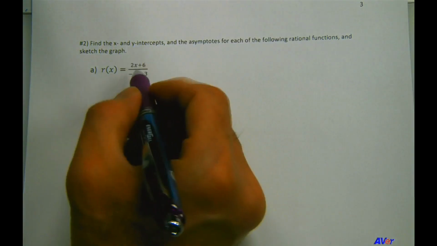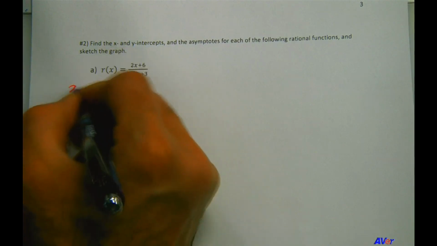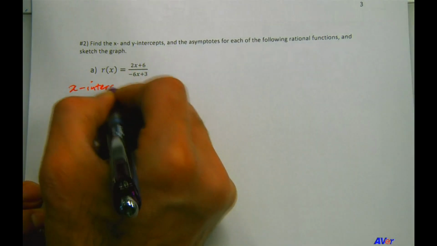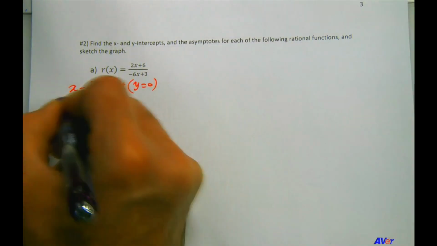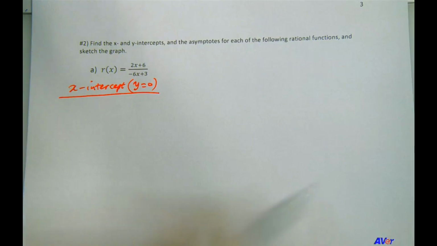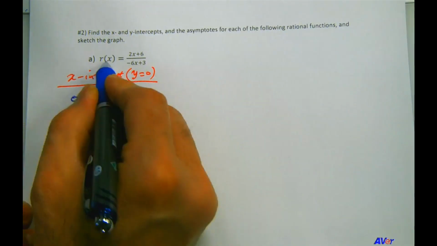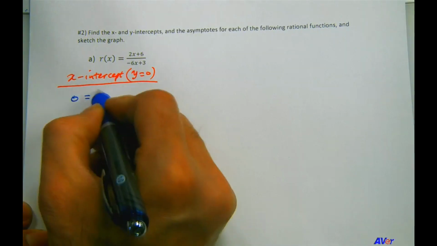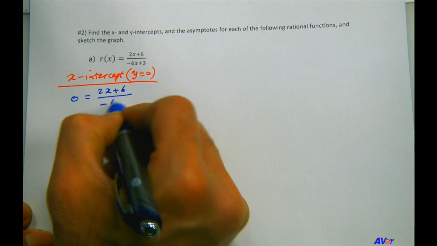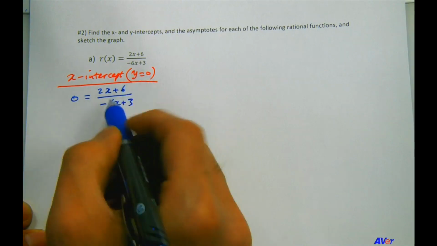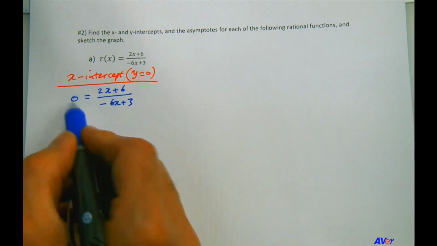Okay, so now we want to find the x-intercept, which is where the y value is equal to 0. So I'm going to substitute 0 for that, and then that is equal to 2x plus 6 over minus 6 plus 3. So when is a rational function equal to 0?